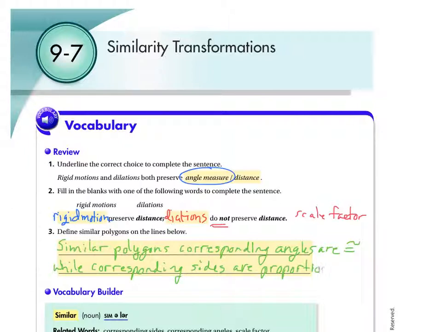Is there like a side proportion? Nope. Isn't that what a dilation is? Isn't that what we learned in the last section, that corresponding angles are congruent? It maintains a rigid motion in the sense that it preserves angles, but side lengths from image to pre-image or pre-image to image are proportional.